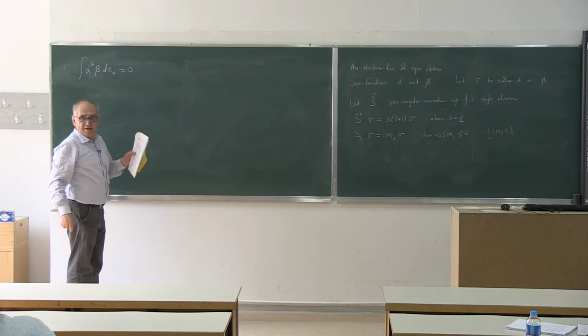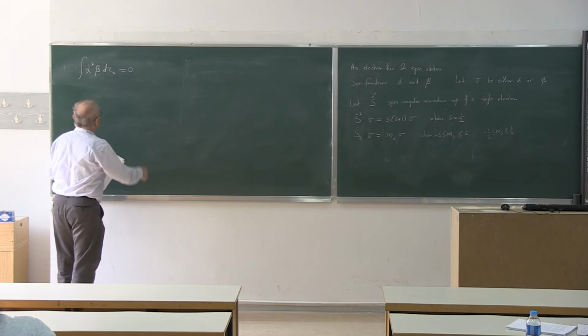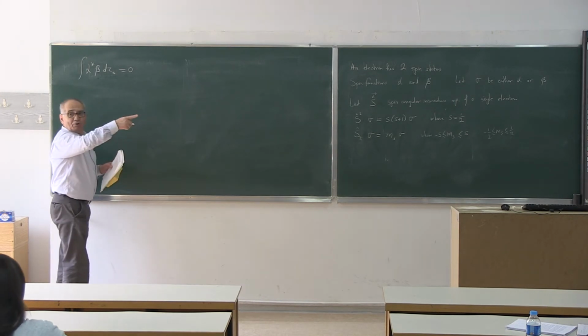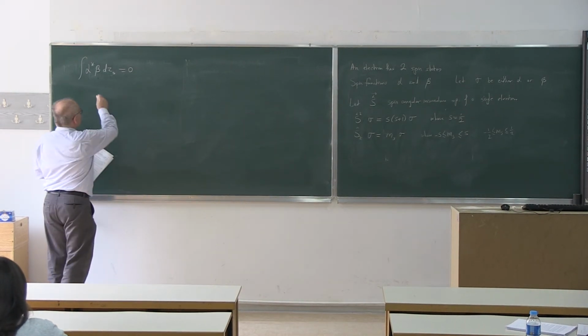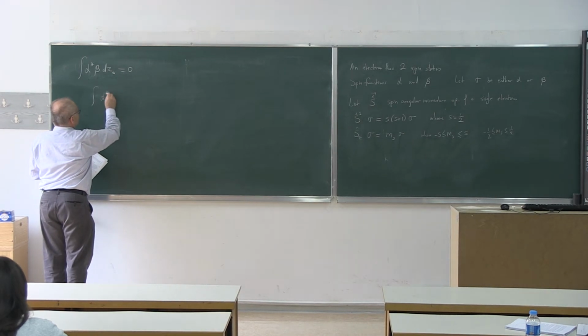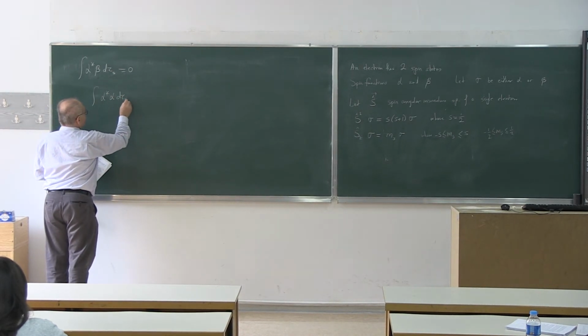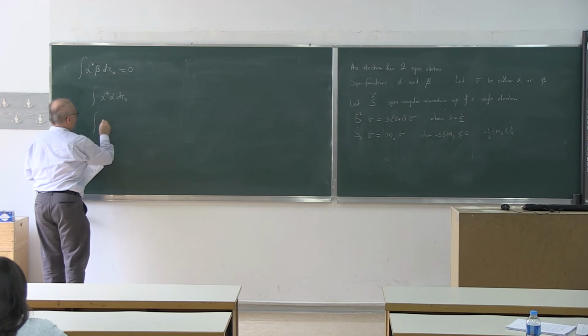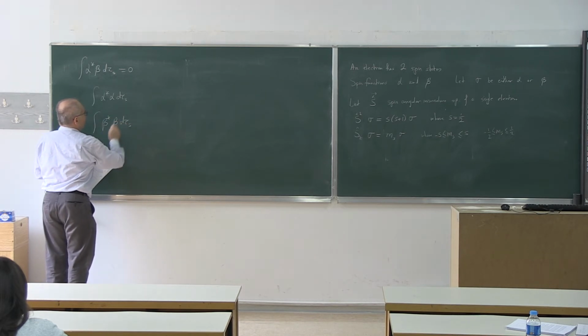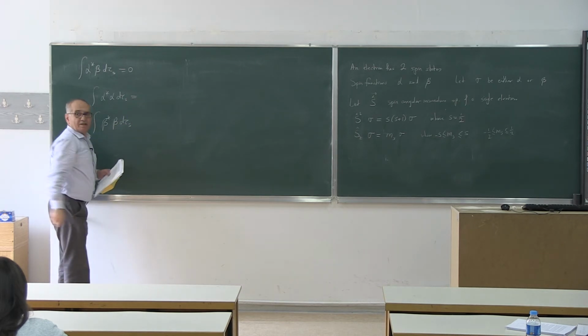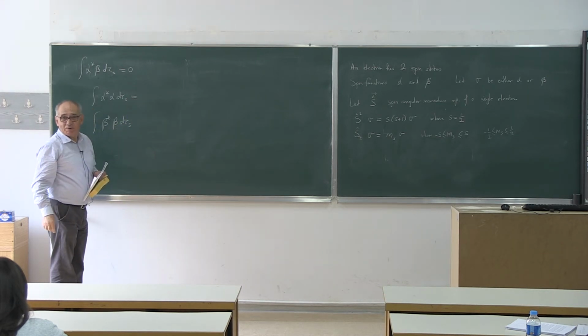Orthogonality of the spin eigenfunctions. We also assume they are normalized. What does it mean? Values of these integrals over the spin variable must be equal to 1.